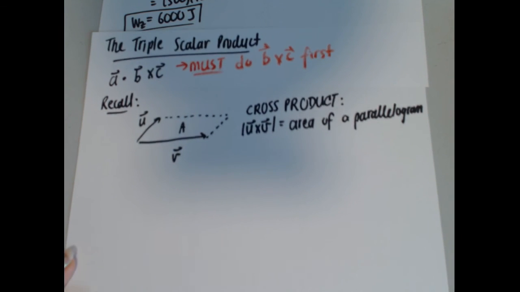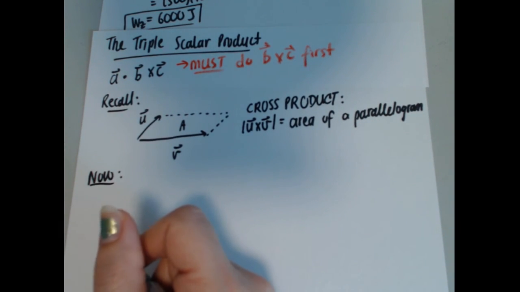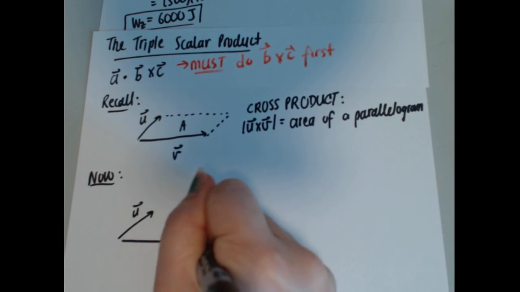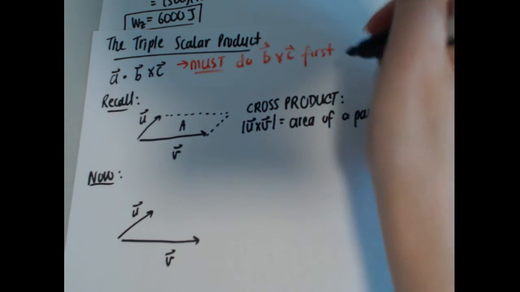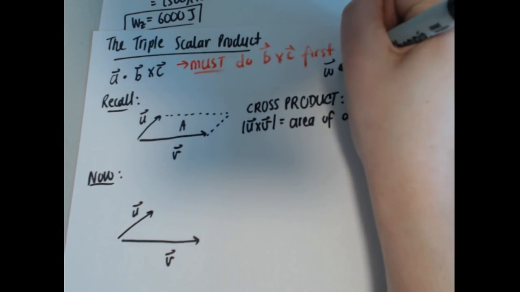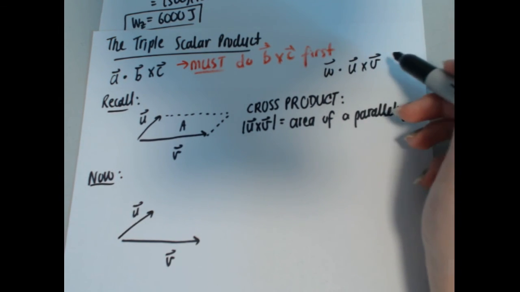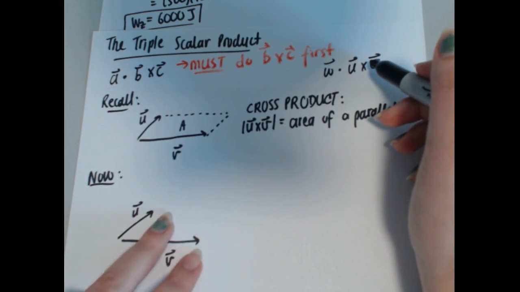Okay, now the triple scalar product also has a geometrical meaning behind it. Let's say I have my U and I have my V. Okay, so instead of A dot B cross C, maybe I have W dot U cross V. Okay, so I would have to do U cross V first. So U cross V, that's giving me essentially the parallelogram.